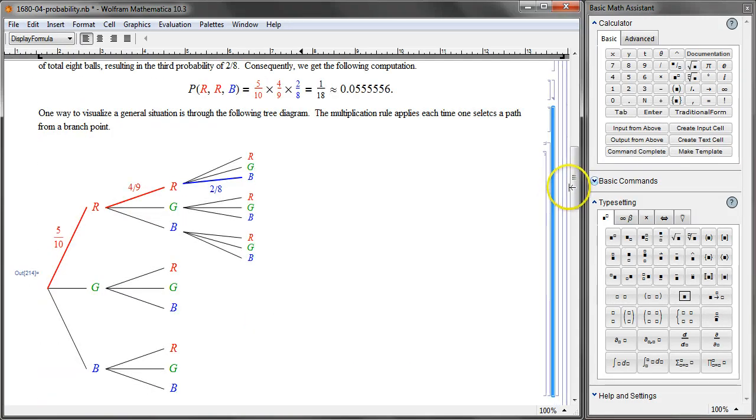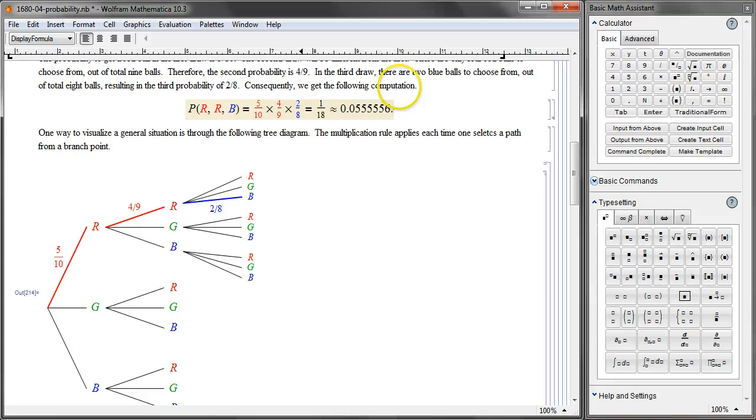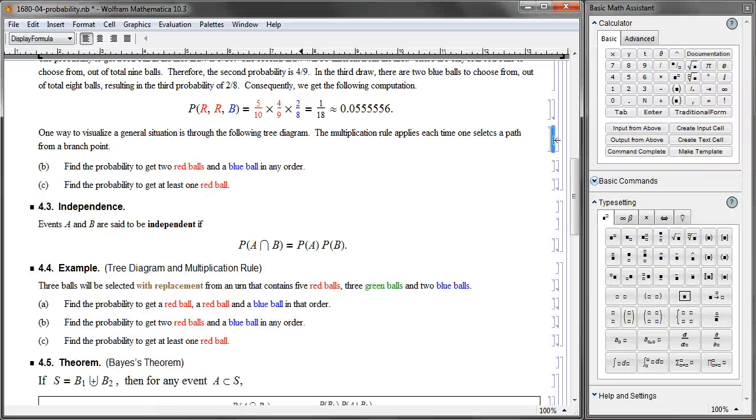Some students have to have this tree diagram in order to see this multiplication principle, but it is tedious to draw them all, especially when there are many. So draw the first and the second, and then later on try to get some pattern and then use the multiplication principle.